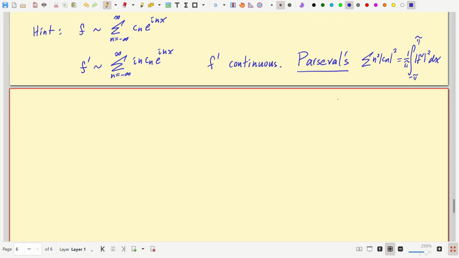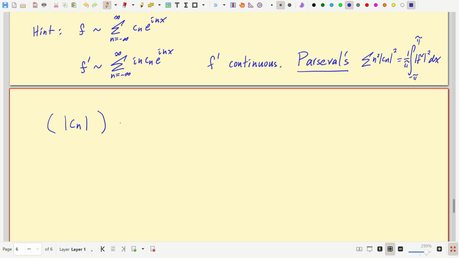So if I were to take an inner product, let's see, I'd make a vector out of, I want to look at this vector, Cn. That's a vector of things.